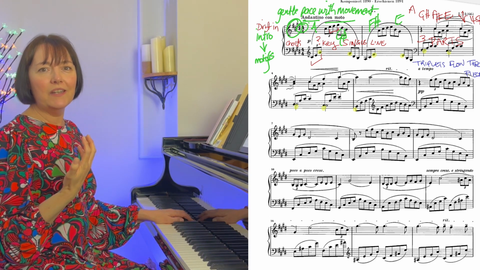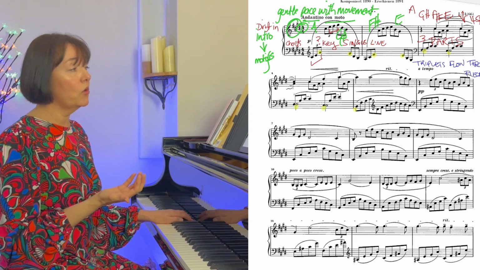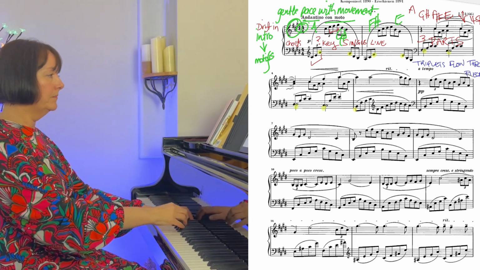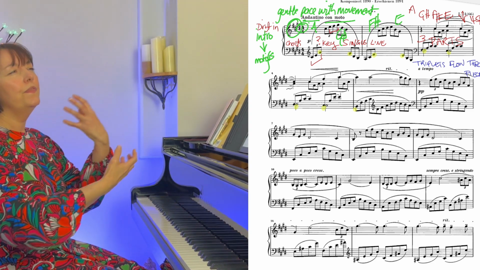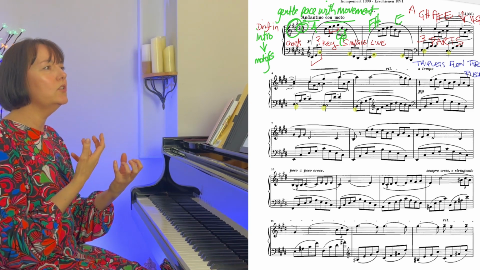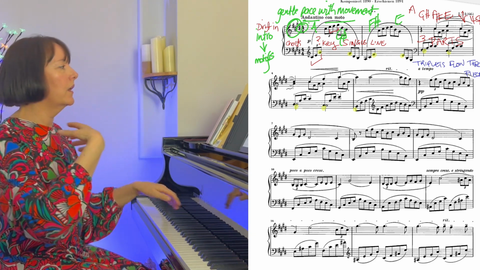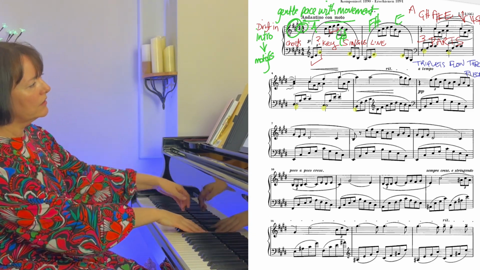You don't necessarily need to emphasize it or bring it out as a voice. You can if you want to. You just need to know it's there. The quavers, the triplets in the middle, they're there. They just keep turning and flowing like life moving forward.